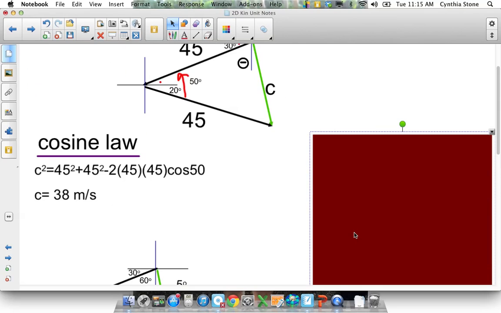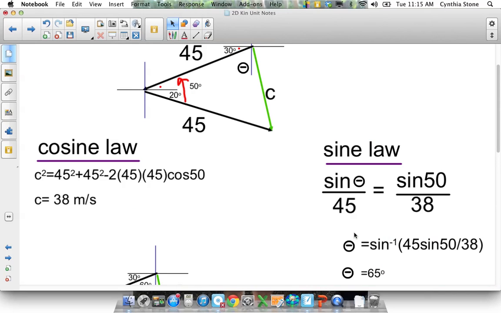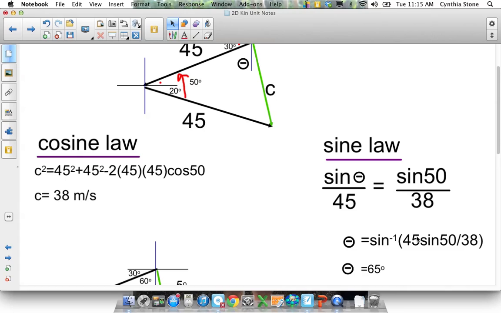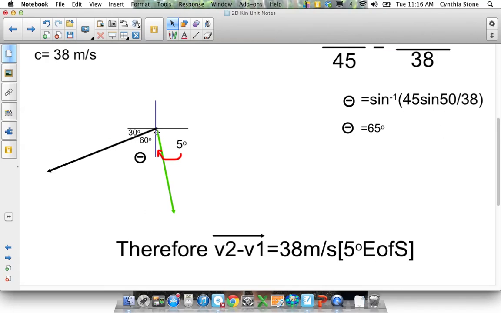Over here, I have my sine law because I want to find this angle in here. The sine of this angle over 45 will be the sine of the 50 over the 38 that I calculated. Using the sine law, rearrange, you get 65 degrees. I'm not going through the details on the sine law anymore, I think you can figure that out. So now I know this whole bit is 65 degrees.